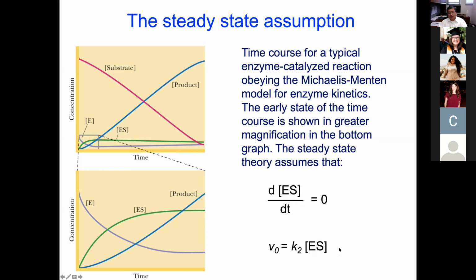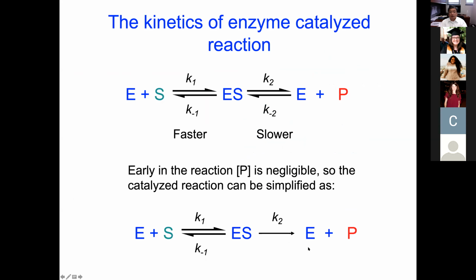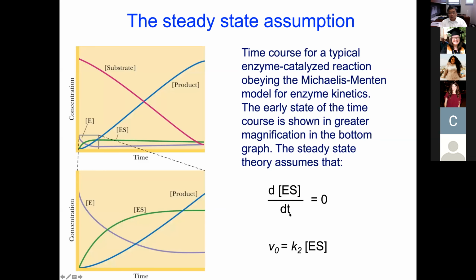Because the second stage of the reaction is a slow process, the rate of the formation of product is dependent on the rate limiting step of the reaction. So now we have this description of the velocity of the reaction. The initial velocity of the enzyme catalytic reaction equals K2 times the concentration of ES.